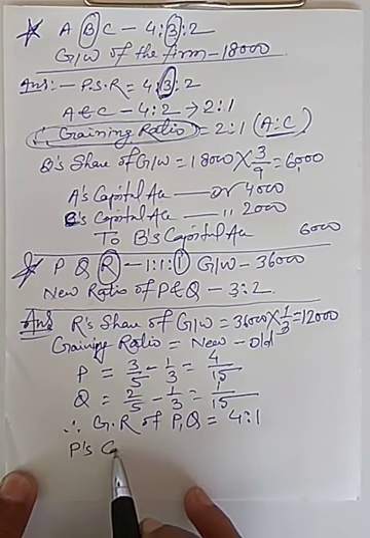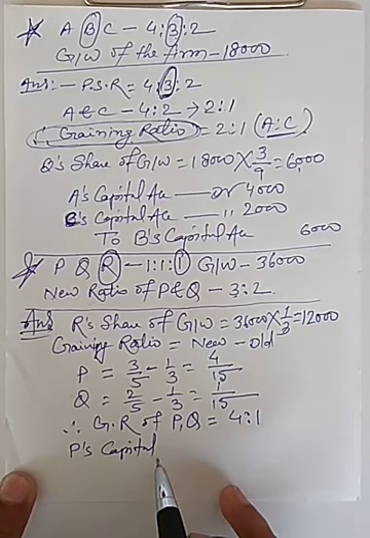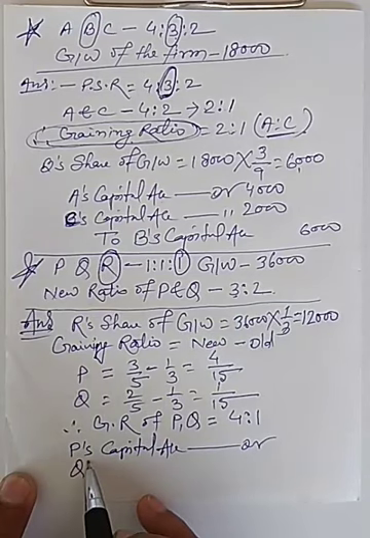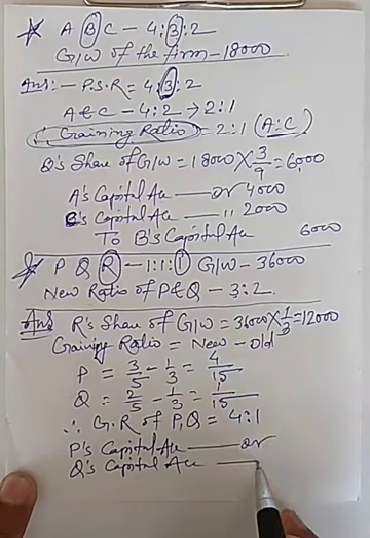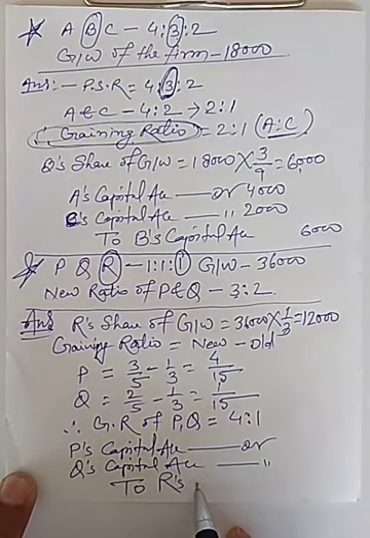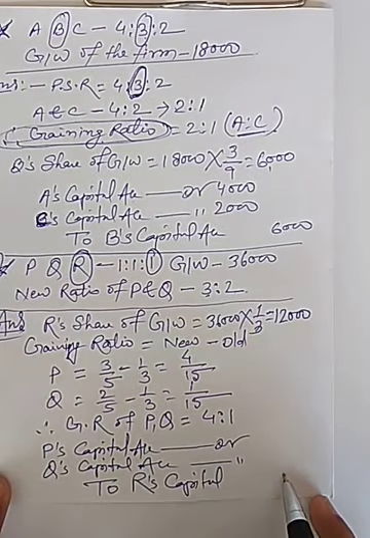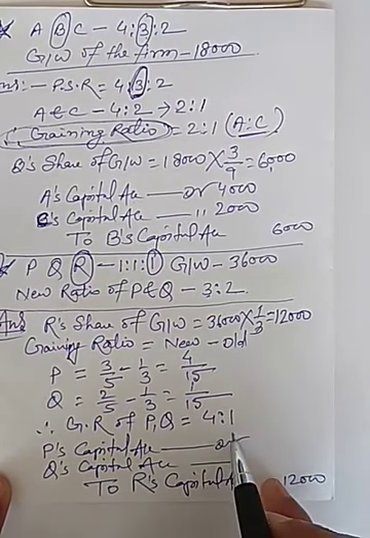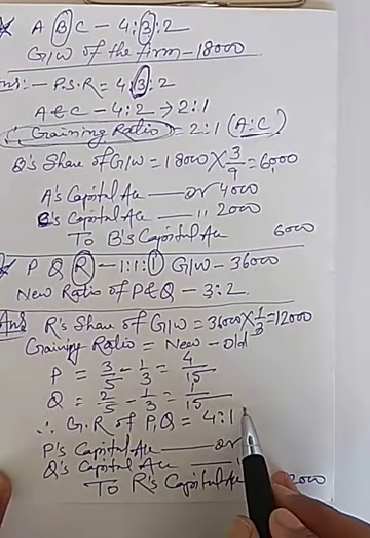P's capital account Dr, Q's capital account Dr to R's capital account. Amount will be 12,000, and it will be shared by P and Q in the gaining ratio.